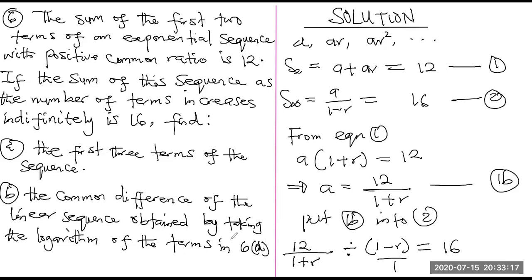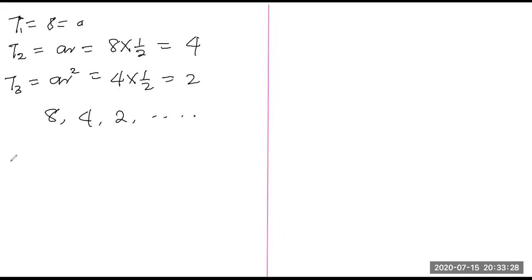Alright, so that means we are looking for the common difference of the sequence obtained by taking the logarithm of the terms in 6a. So let's take the logarithm first. If we now take the logarithm of these numbers, we are going to have log 8, log 4, and log 2.